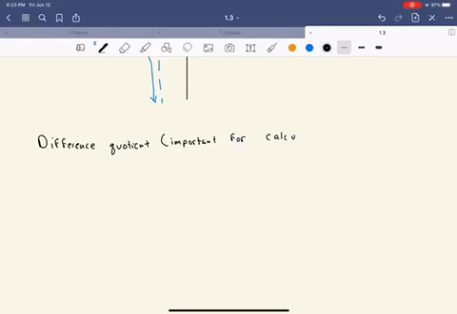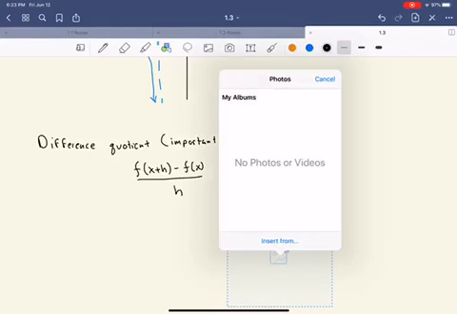So if you plan to take some sort of calculus, you will be doing some difference quotients at some point. The difference quotient is defined as f of x plus h minus f of x over h.